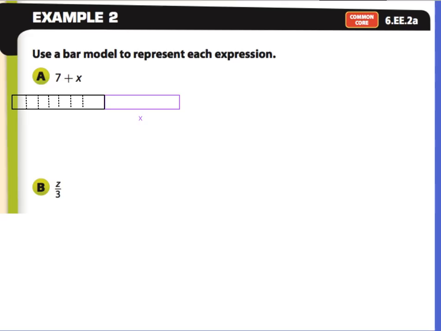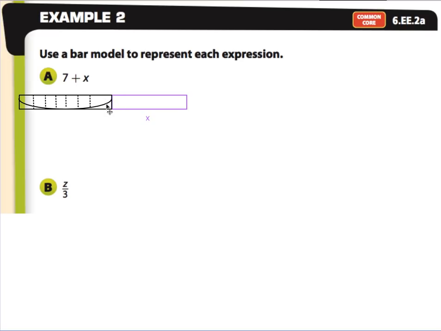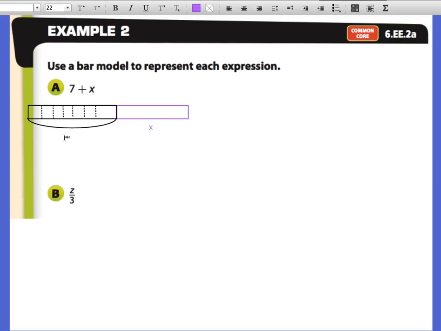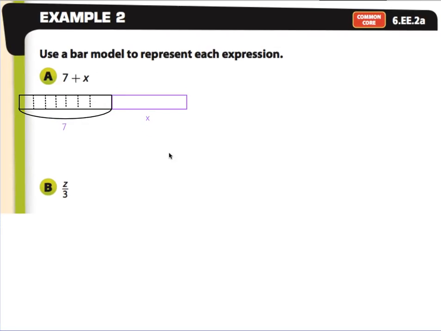Okay, and again, I'm going to represent that those are 7 of them. And sometimes it makes it easier if I draw myself a little line like this to show that this is 7 and that it's all 7. So I've modeled that there are 7 of these and that there is an x amount of x over here.